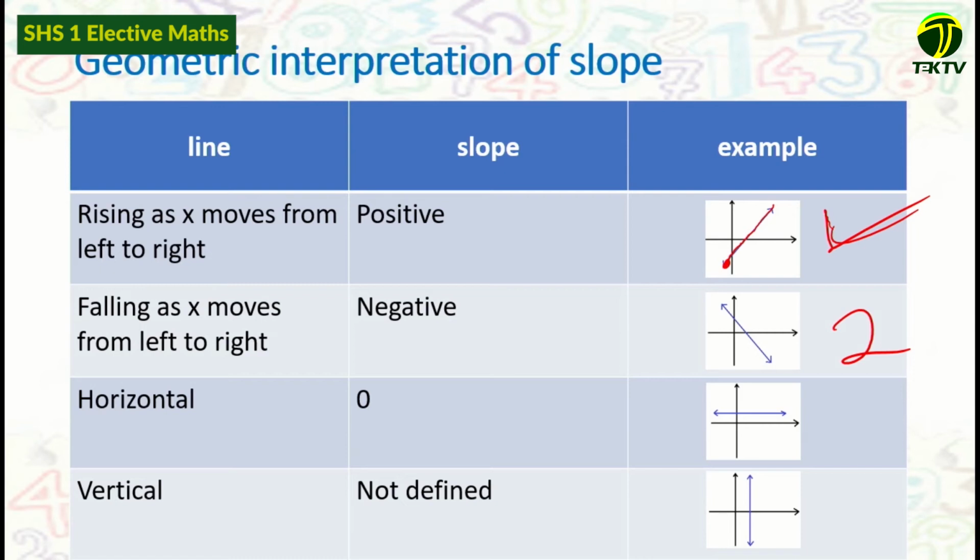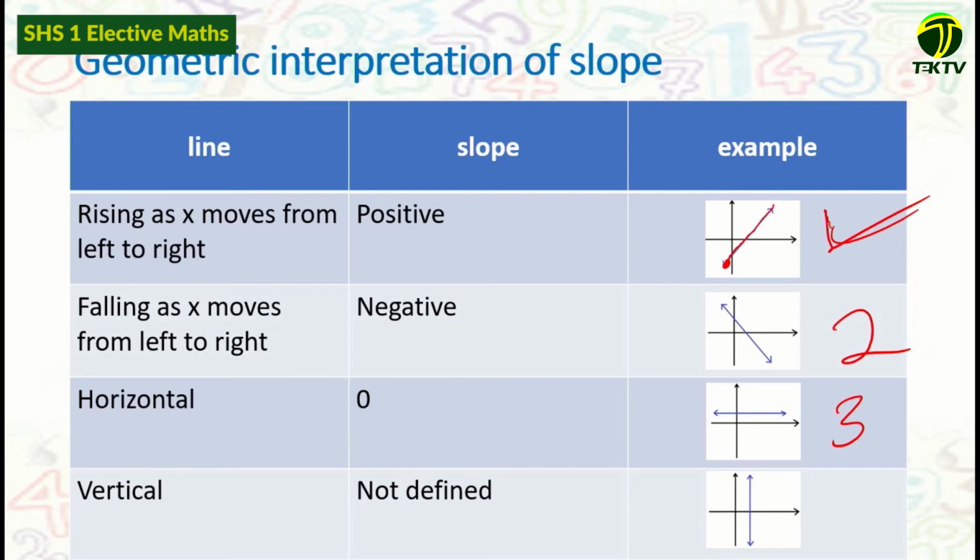If the line is rising to the left, then it means that the gradient of such a line will always be what? Negative. Then the third one, you have a nice horizontal line there.